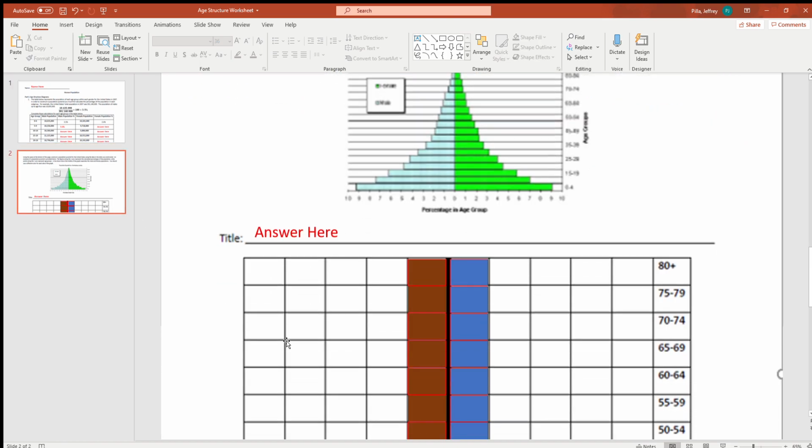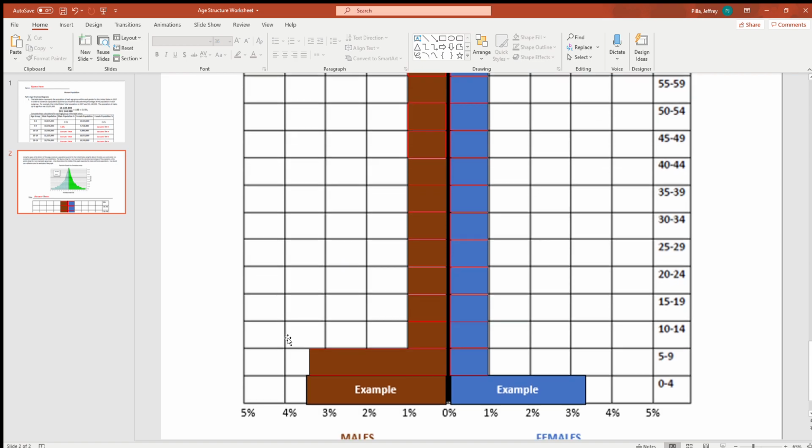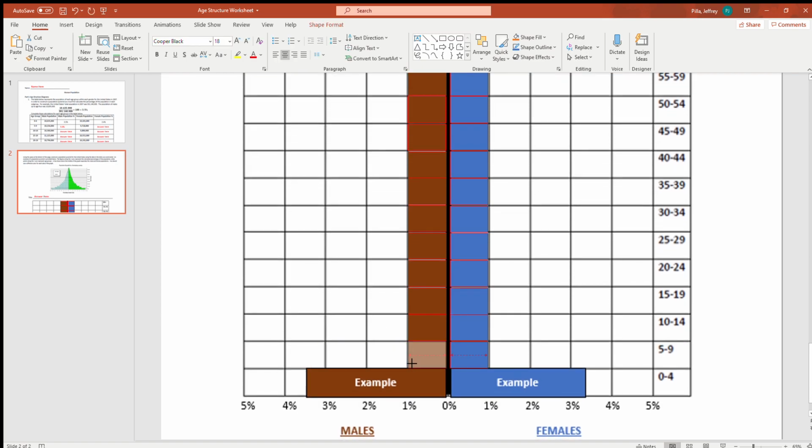Going down to our graph, we want this bar here that's on the male side for ages 5 to 9 to stretch out to 3.4. So I'm going to take this bar and move it all the way out to about 3.4. Now, do I know exactly where 3.4 is? I know it's between 3 and 4, closer to the 3, right?